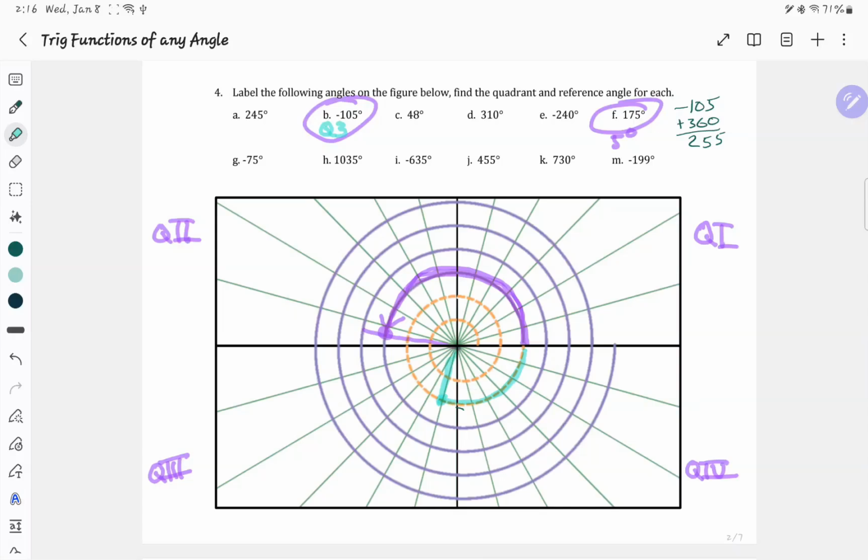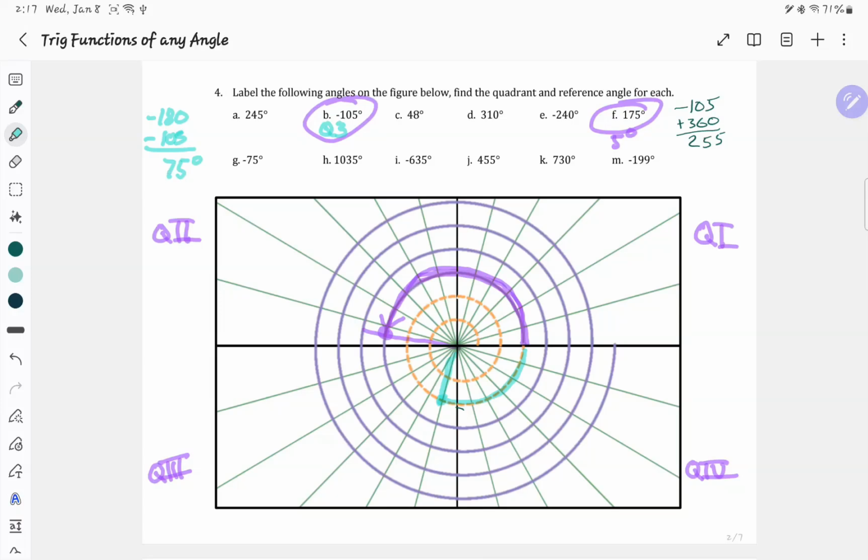So if I wanted to take negative 180 minus 105, basically, how far is that? I need an extra 75 degrees to get there. So we'll say 75 degrees between those.